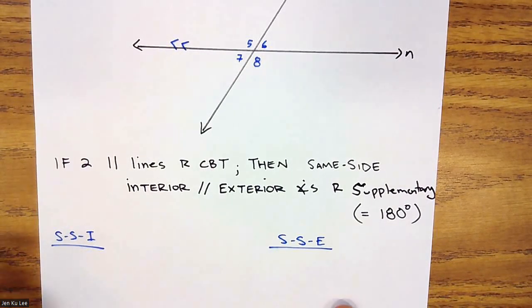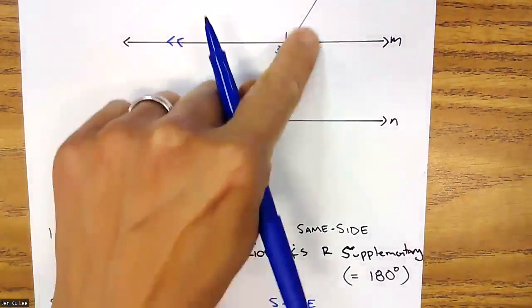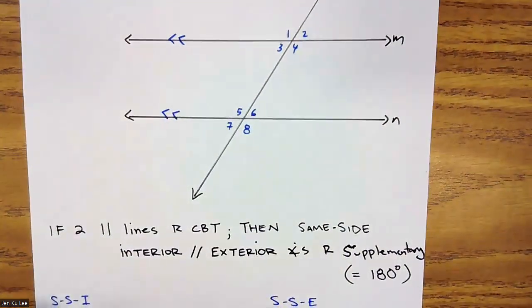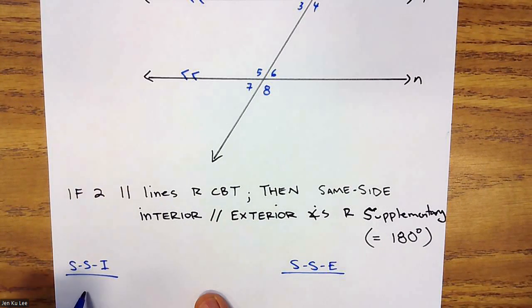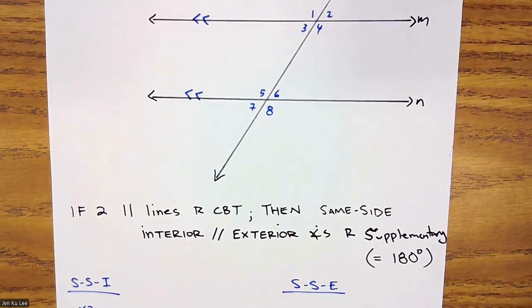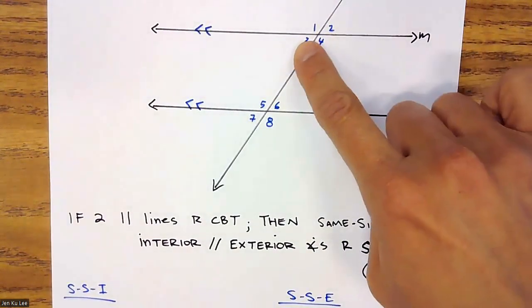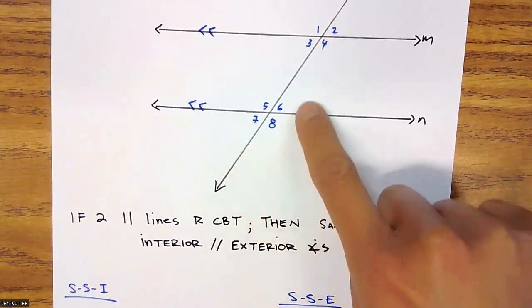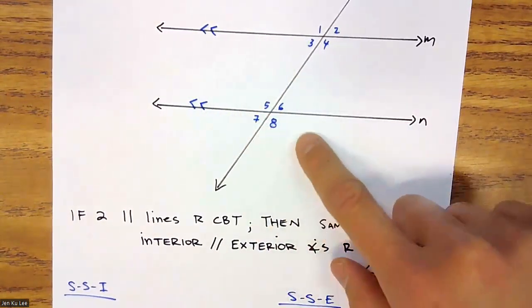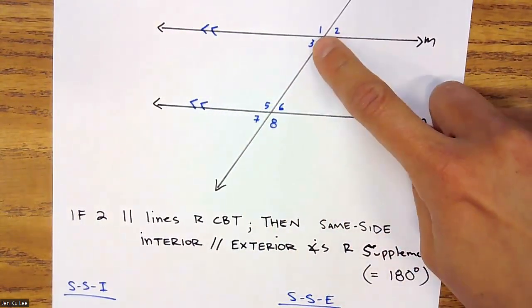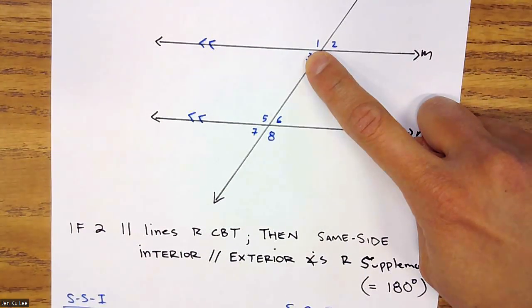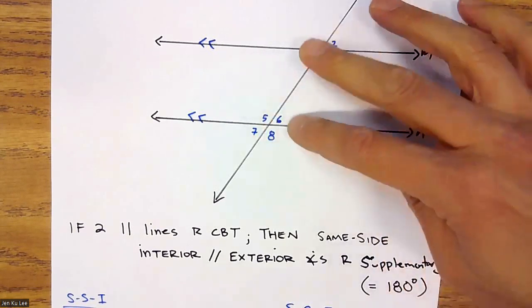All right. So if I pick one of the interior angles here, like angle 3, what's the same side interior angle to angle 3? It has to be from this group. It has to be on the same side of angle 3 as angle 3, and has to be on the inside of the parallel lines.